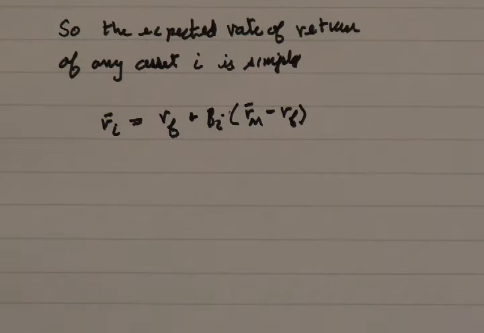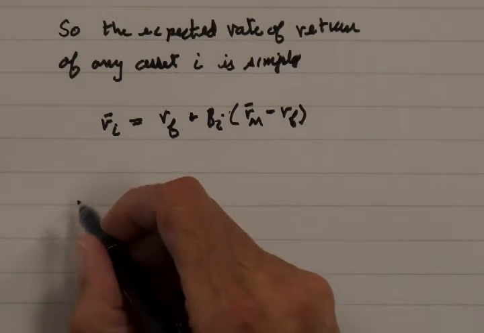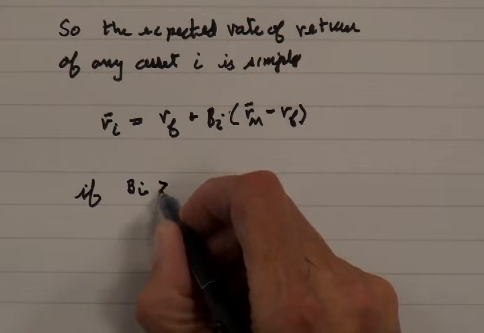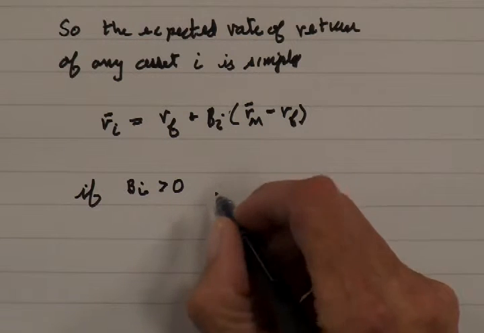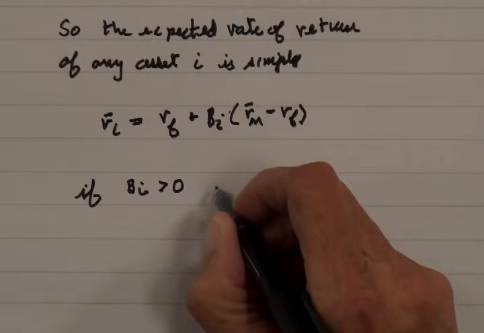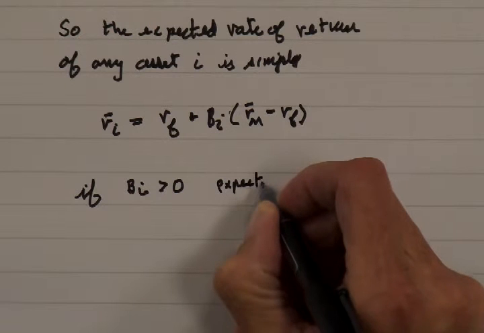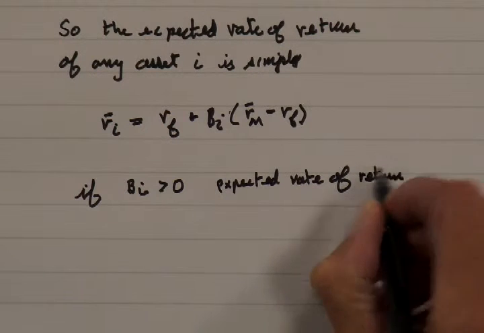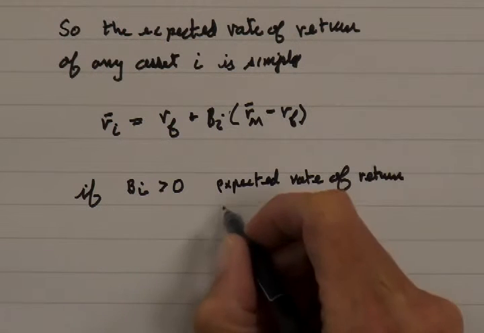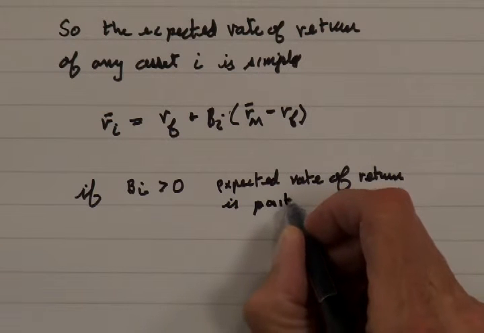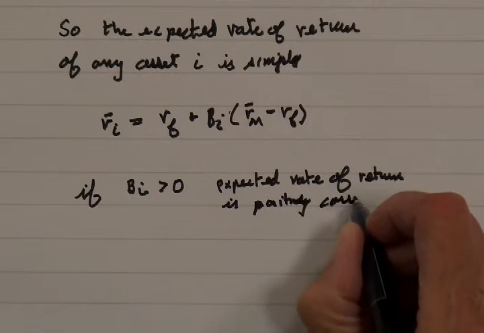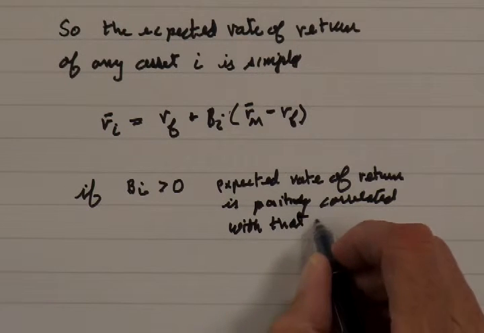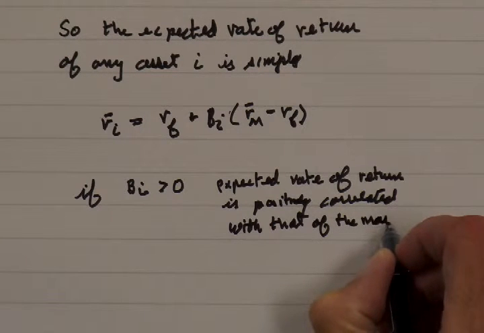Now, what about beta I? If beta I is greater than 0, it means that the expected rate of return is positively correlated with that of the market portfolio.